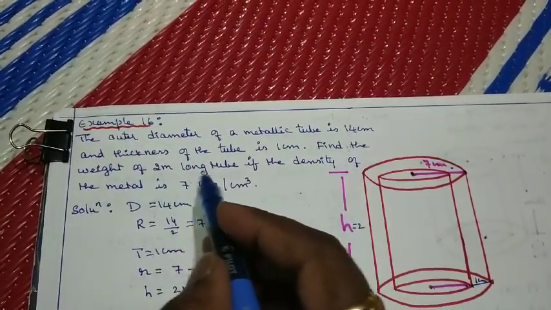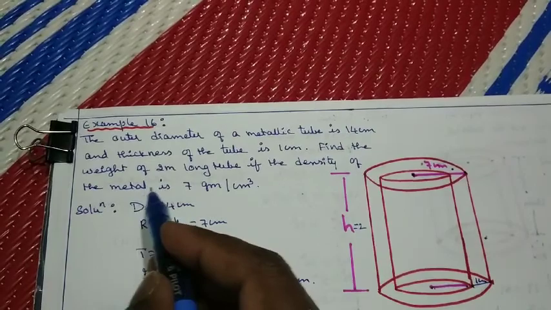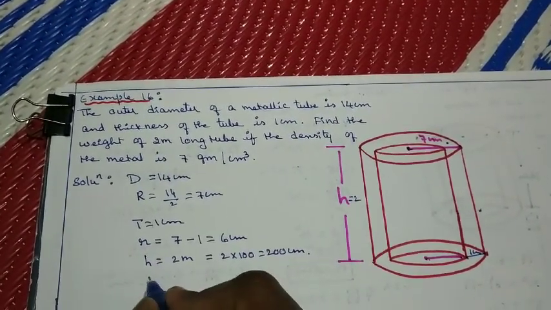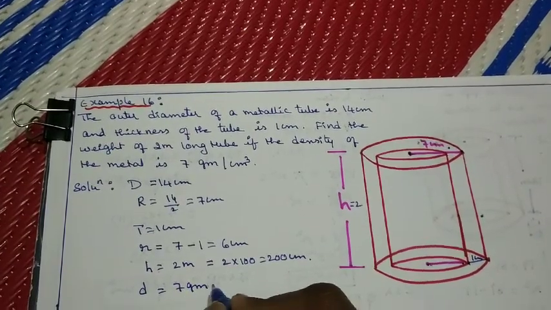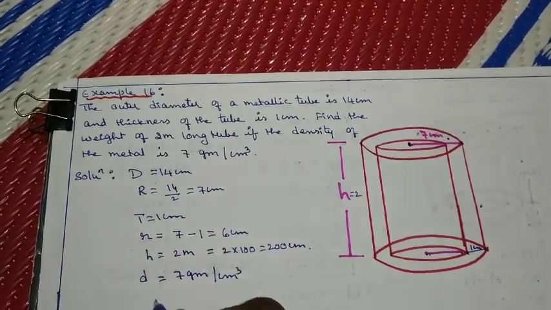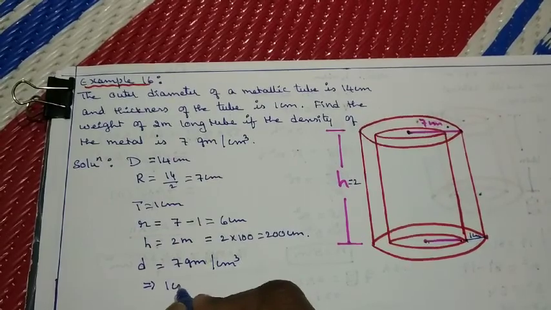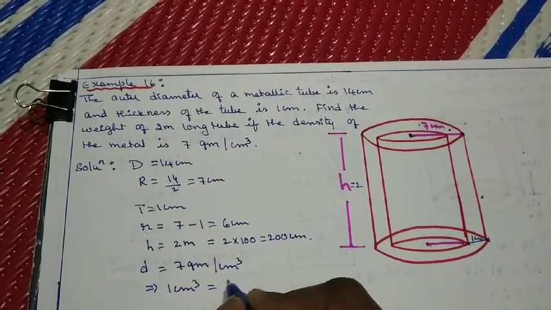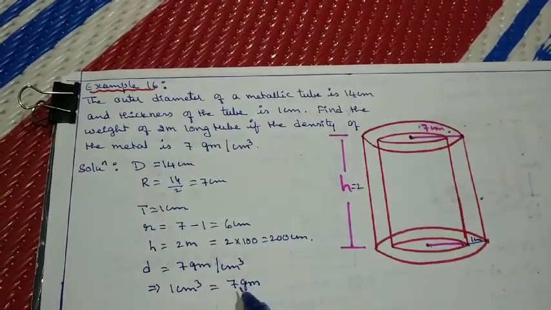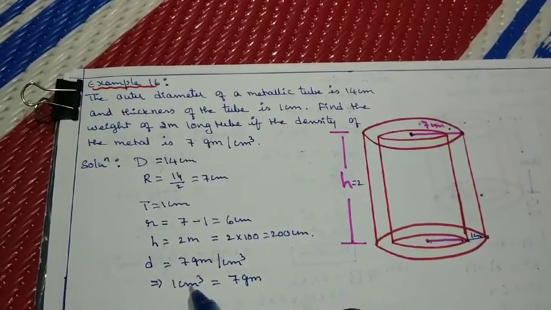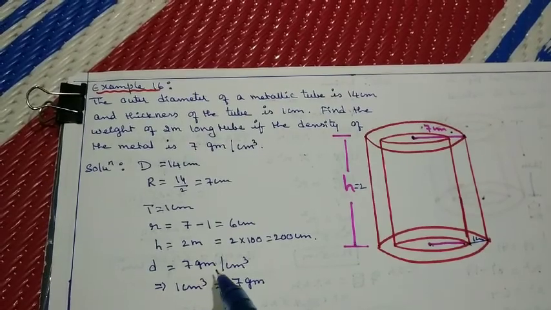Find the weight of the 2 meter long tube if the density of the metal is given, density equal to 7 grams per centimeter cube, which indicates that 1 centimeter cube is equal to 7 grams. So we need to find the weight, which is in grams, and here 1 centimeter volume is in centimeter cube.